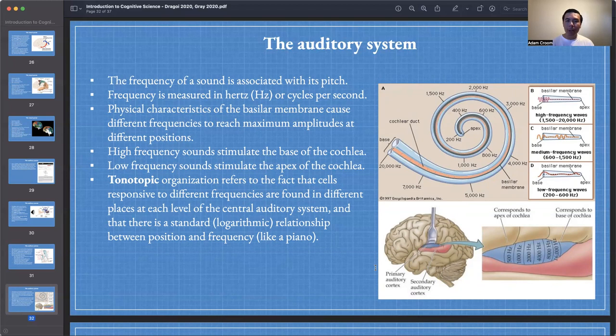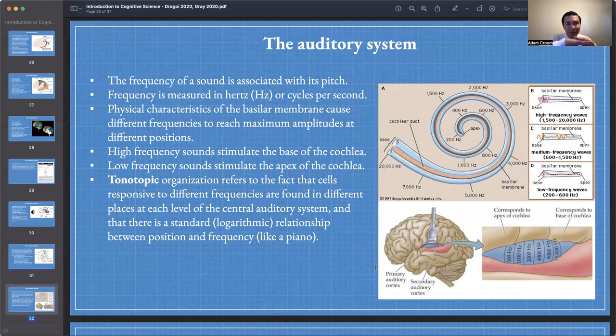Tonotopic organization simply refers to the fact that cells responsive to different frequencies are found in different places at each level of the central auditory system, and that there is a standard relationship between position and frequency, just like a piano.